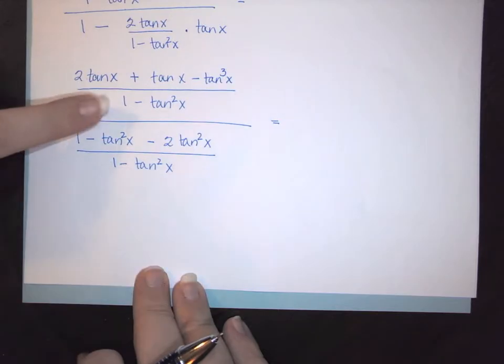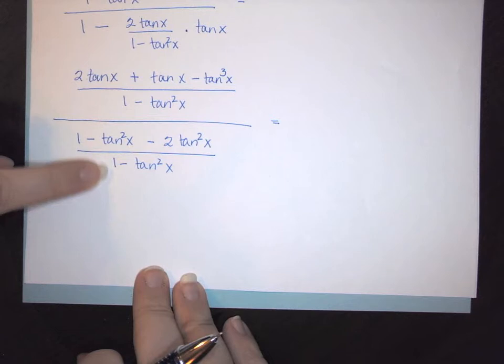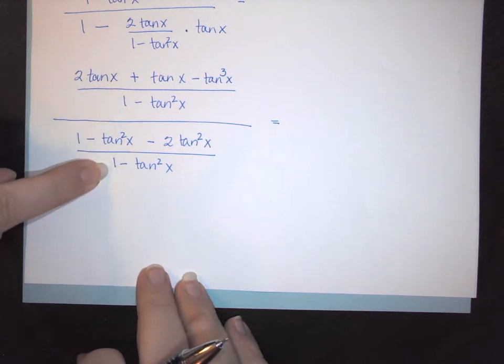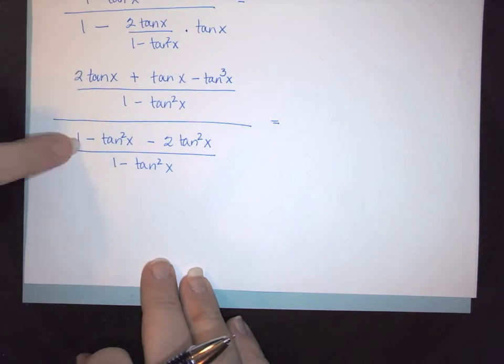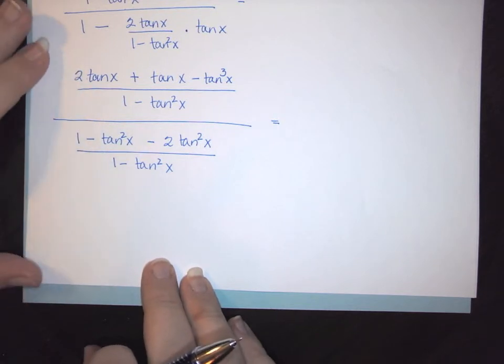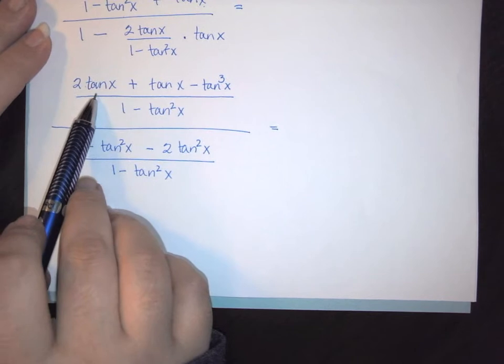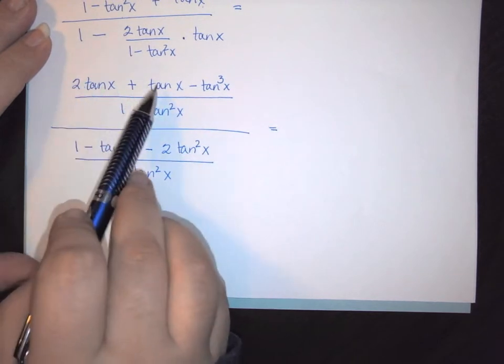So first and foremost, one of the things I know is that when my two denominators are exactly equal, they cancel out, and what they leave me with is what was on my two numerators. Okay, so here if I look at this numerator, I have 2 tangent of x plus the tangent of x.